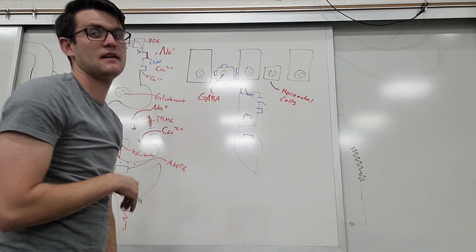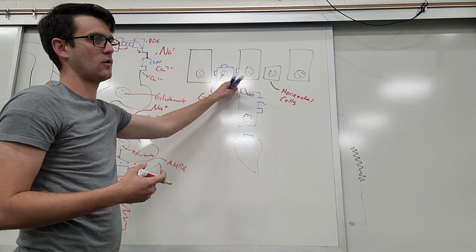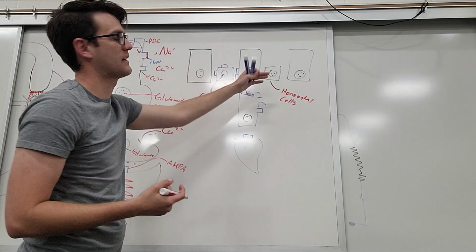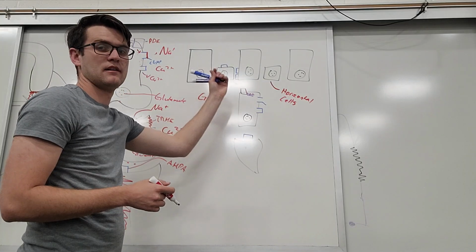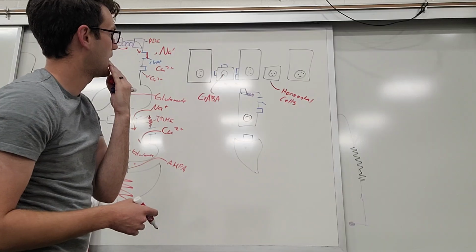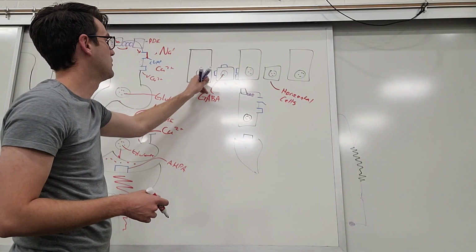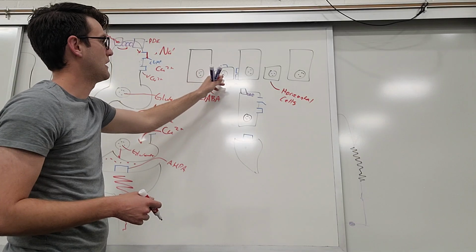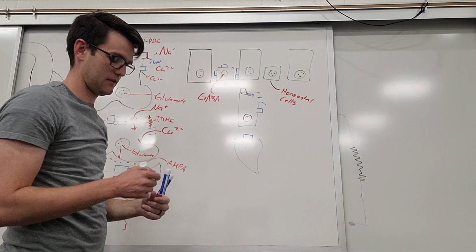GABA is an inhibitory neurotransmitter, so it's going to open up chloride channels, allow chloride to come into the cell and potassium to leave, which is going to inhibit our center neurotransmitter here. Right here it also has an AMPA channel, so it needs glutamate to activate it. If glutamate doesn't bind to this, then it's not going to inhibit our center one.